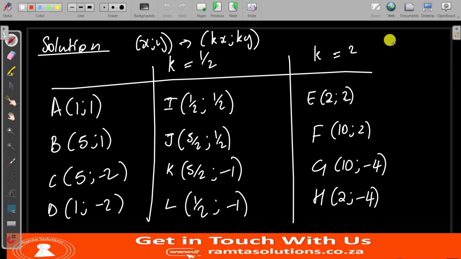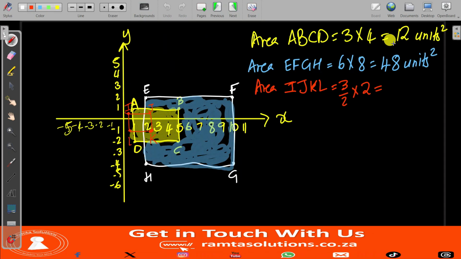Indeed, 2.5 minus 0.5 will be 2 units. So it's correct. And then 1 plus half will be 1.5, 3/2. So what is our answer here?